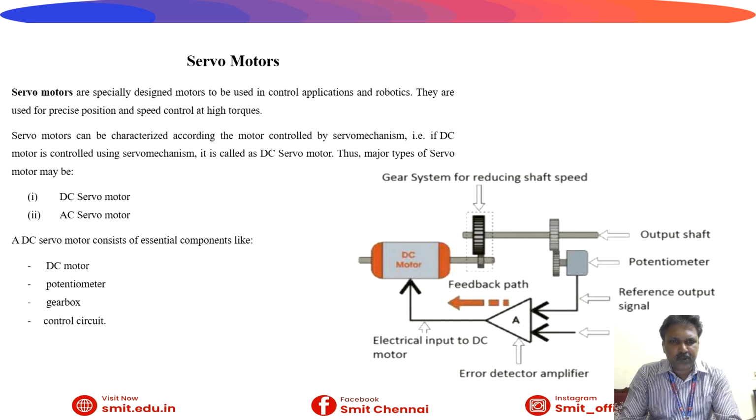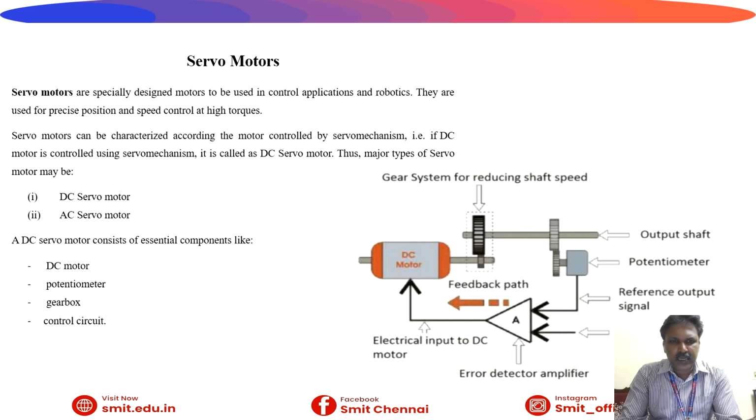So for precise position we have to prefer the servo motor, and for speed control at higher torque also. Servo motors can be characterized according to the motor controlled by the servo mechanism. If a DC motor is controlled using a servo mechanism, it is called a DC servo motor. Thus the major types of servo motor are DC servo motor and AC servo motor. These are the two types of servo motors.